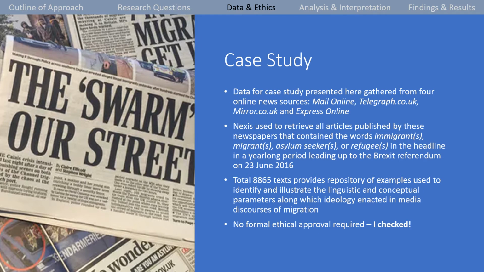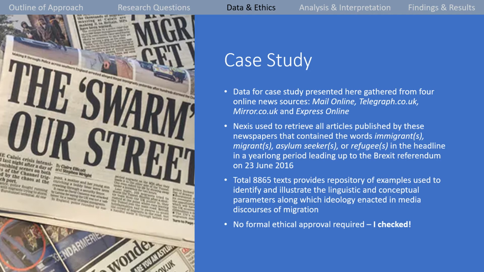For the case study presented in this chapter of the book, the data was gathered from 4 online newspapers: the Mail Online, the Telegraph, telegraph.co.uk, the Mirror.co.uk and the Express Online.